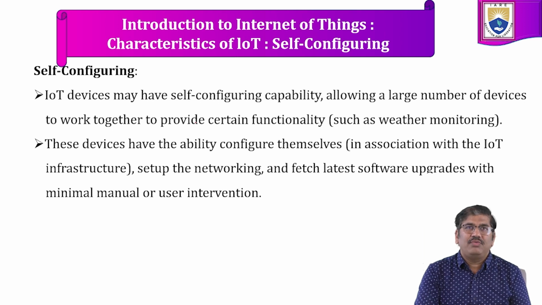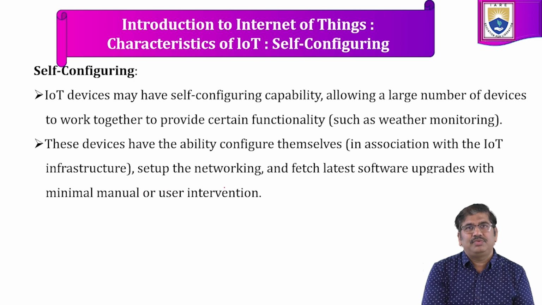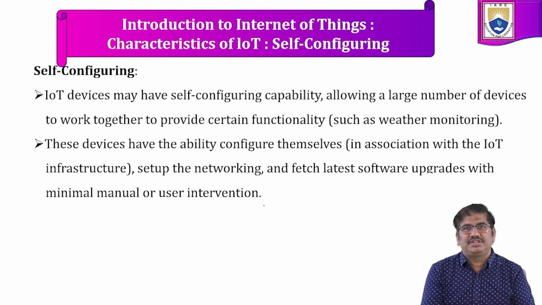Self-configuring: IoT devices may have self-configuring capabilities, allowing a large number of devices to work together to provide a certain functionality such as weather monitoring. These devices have the ability to configure themselves in association with the IoT infrastructure, set up the networking and fetch the latest software upgrades with minimal manual or user intervention.